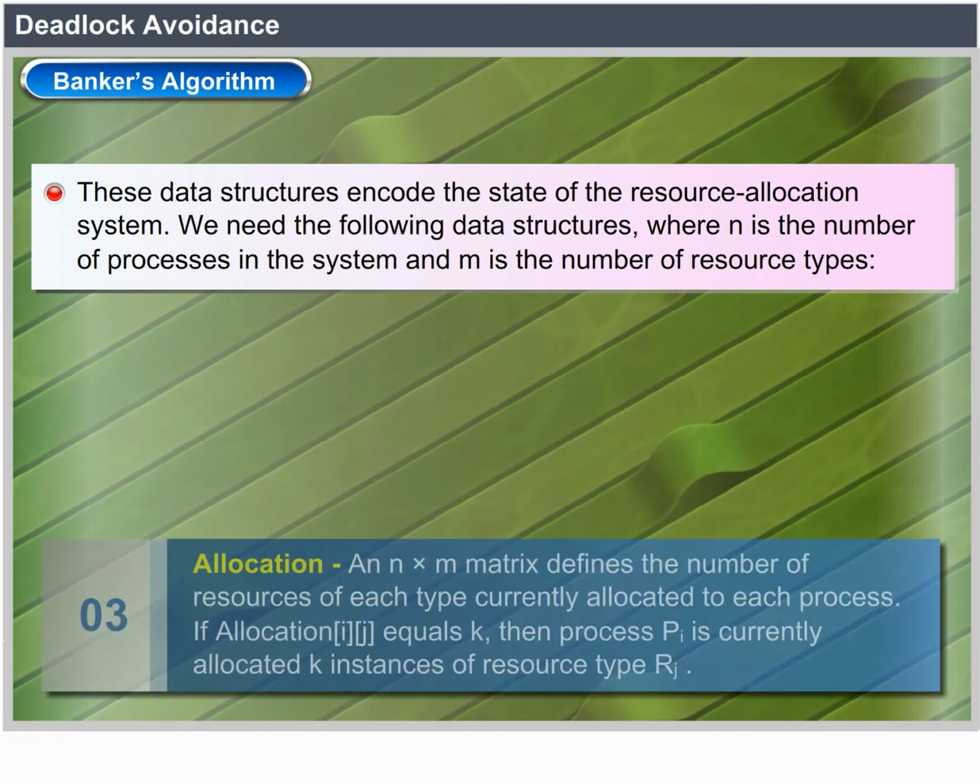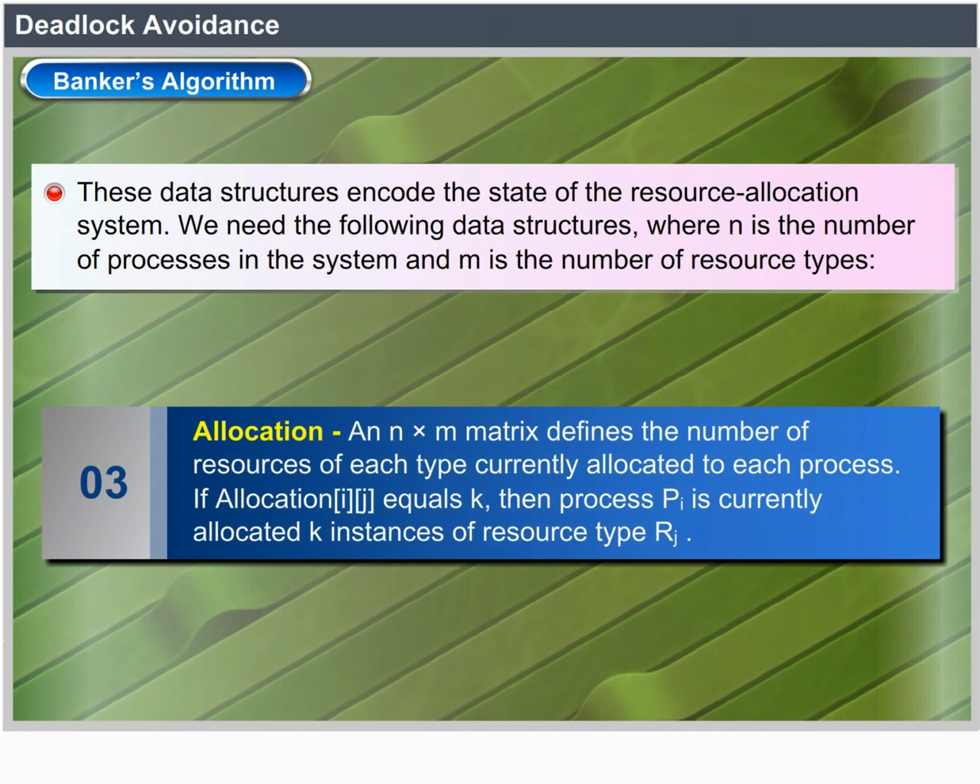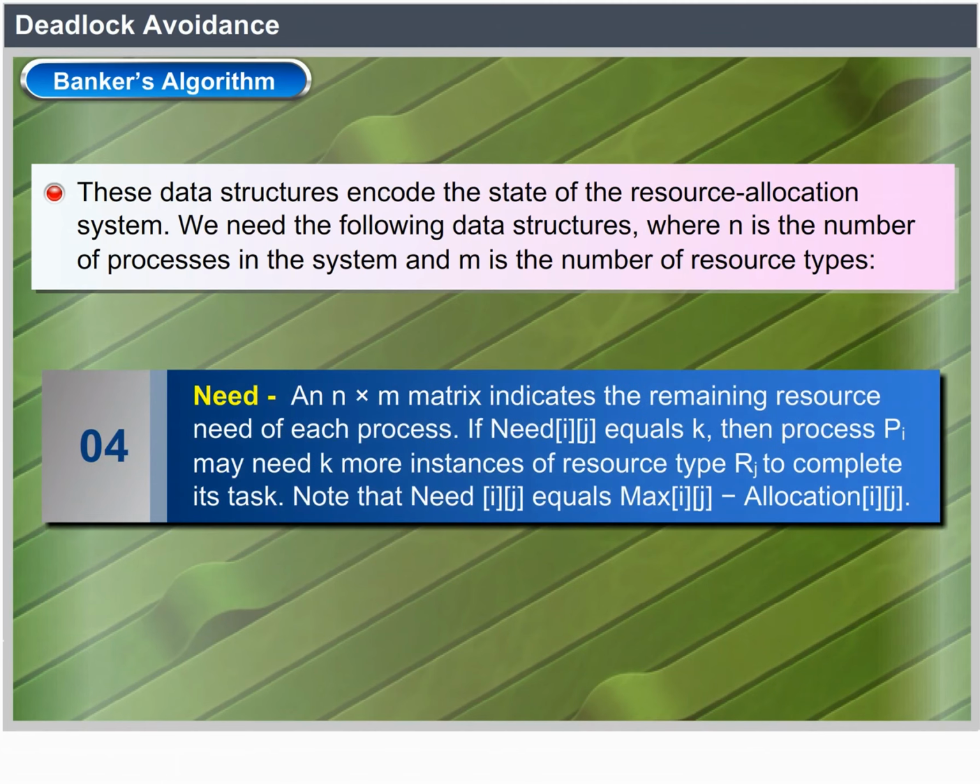Allocation: an n times m matrix defines the number of resources of each type currently allocated to each process. If Allocation[i][j] equals k, then process Pi is currently allocated k instances of resource type Rj. Need: an n times m matrix indicates the remaining resource need of each process.